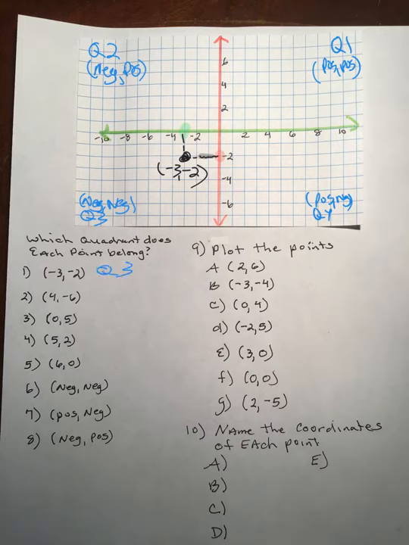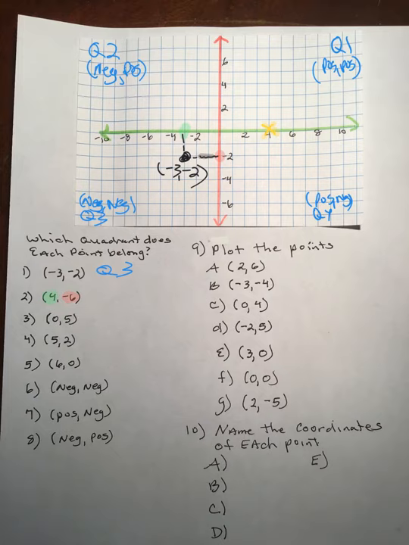What about 4, -6? For 4, -6, we want to go find 4 on the input, right? So maybe I'll put a little X. So we have to go find +4 on the input. And we need to find -6 on the output.